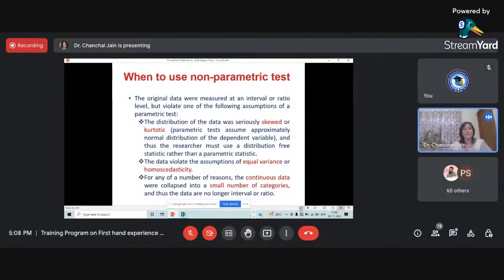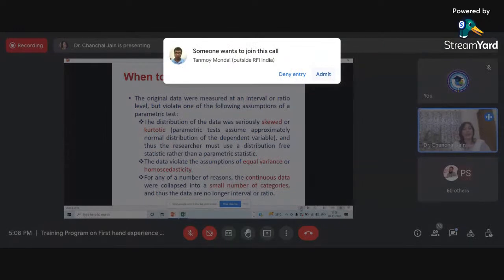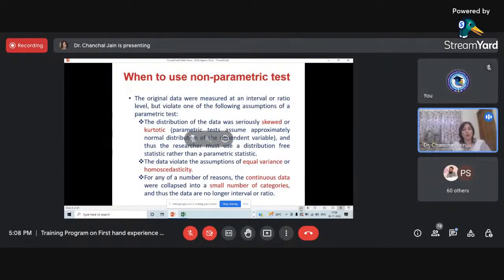That means if we have data on the continuous scale, that is on the interval scale or on the ratio scale, still for that kind of data we can go for the non-parametric test if the data is violating the assumptions of a particular parametric test. And a few of the assumptions I have just discussed.